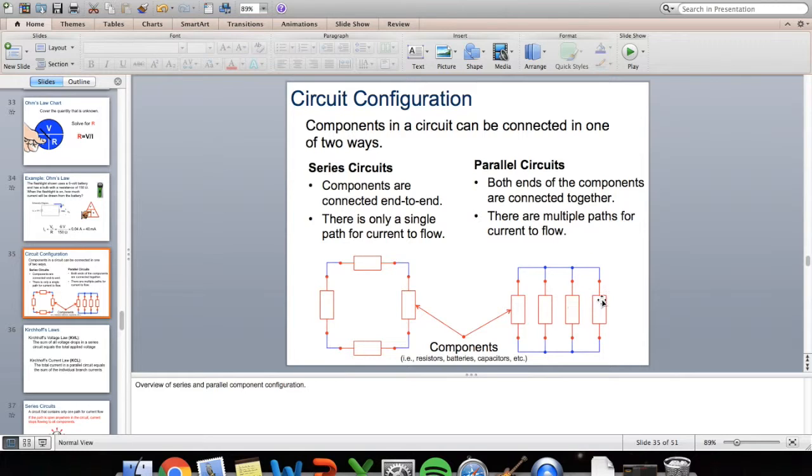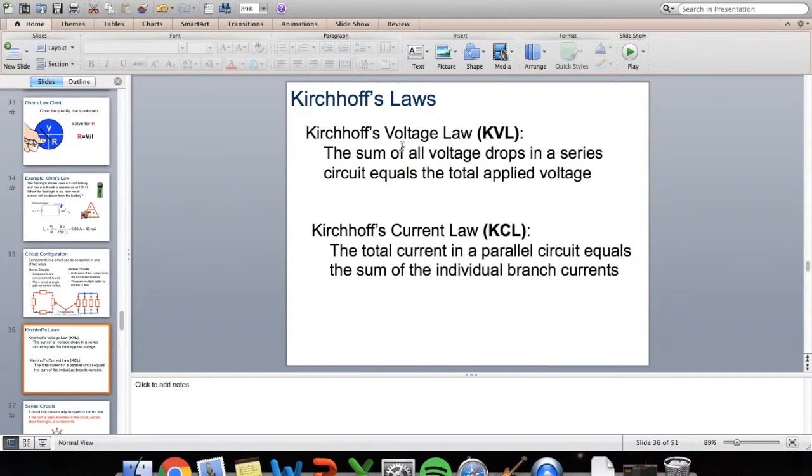So if you add up all the branches, you're going to get the total current. Whereas the voltage, that pressure that's pushing it, is going to stay consistent. So the voltage law is saying that in a parallel circuit, you add up the currents, but the voltage stays the same.